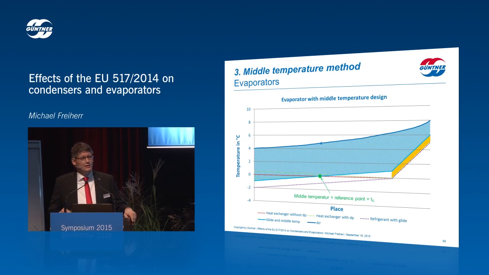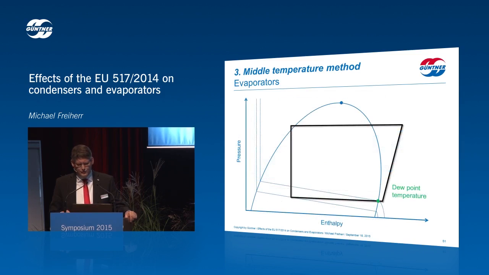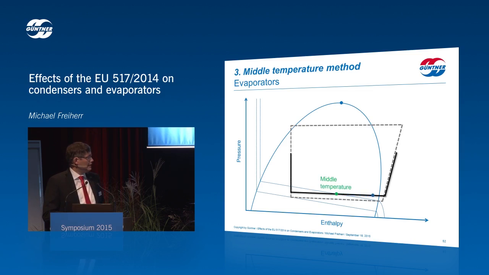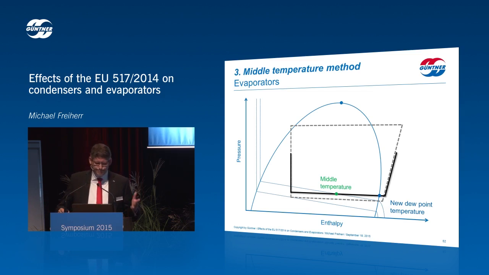Our dew point temperature goes up, so we lose delta T in the superheating area. Evaporation in a design like this will have a lower capacity than a one-component refrigerant. In the halopedia diagram, we shift the mean temperature and evaporate at higher temperatures. So here we have a new dew point temperature. This leads to an issue.